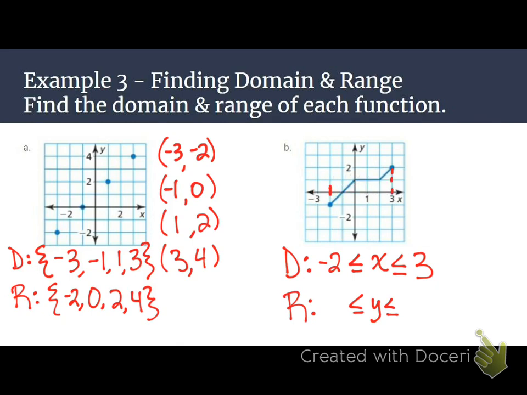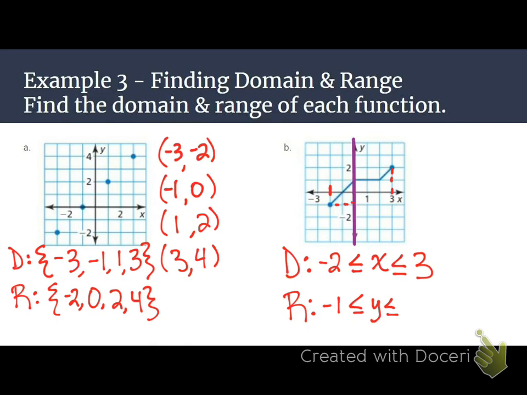Questions about my x interval? Okay, so now we kind of have to switch our view and look at this sideways. So now I want to focus on my y-axis, the one that goes up and down. What's the lowest y value that I hit? -1. So here we would be at -1.